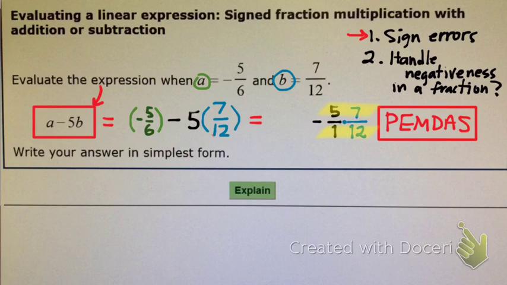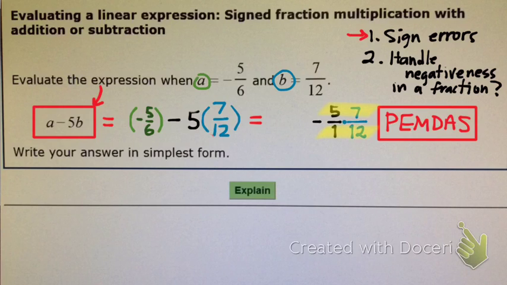The little hints and tips that tip you off to what to do next. It's not like people don't know how to do this stuff. It's that you don't remember to do what's necessary at a given time, right? And so for me, anytime I see a whole number in front of a fraction, that's my cue to say, don't do anything, turn it into a fraction first, and then worry about what happens next.